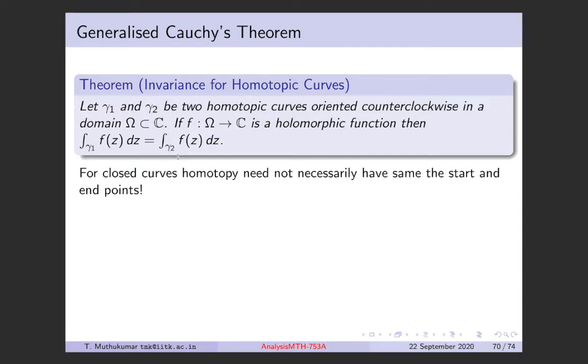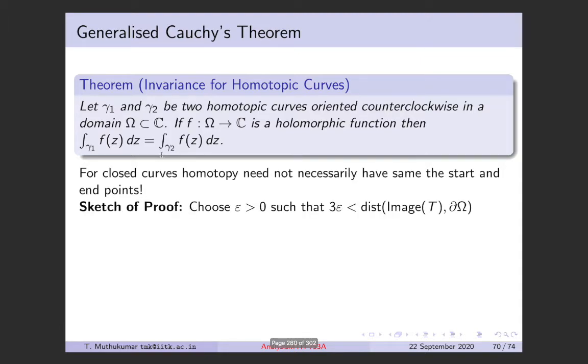If they have the same endpoint, you just complete a closed contour using gamma 1 union minus gamma 2 and so on. That integral will be 0, and then you obtain this result. But that may not always be the case. You may not always be able to find a simply connected domain containing both these curves. If that is the case, the proof is done. So we are going to prove this in a piecewise way.